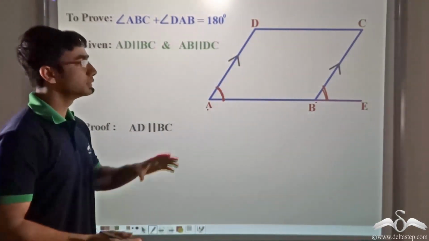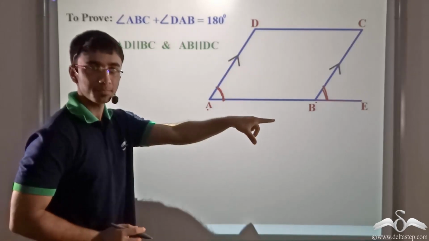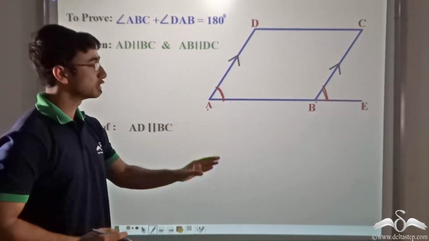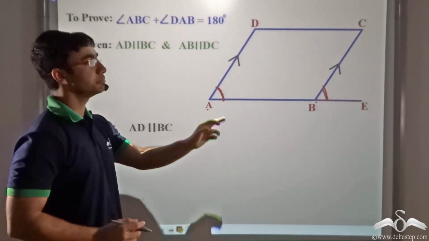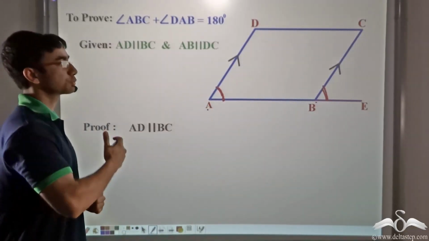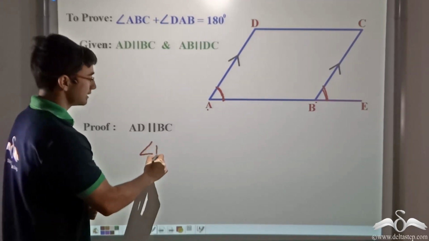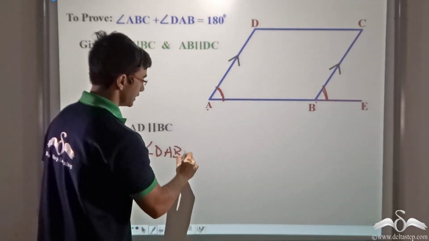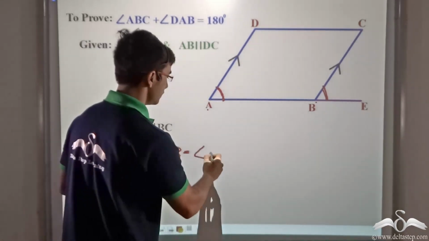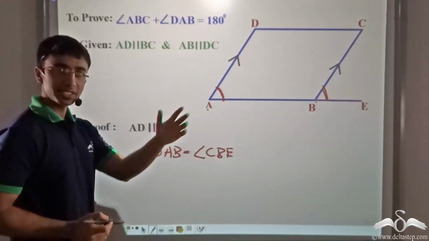If you look closely, you will find that angle DAB and angle CBE are corresponding angles for the parallel sides AD and BC. And from the property of parallel lines, we know that corresponding angles are equal. So I can write that angle DAB is equal to angle CBE because they are corresponding angles.